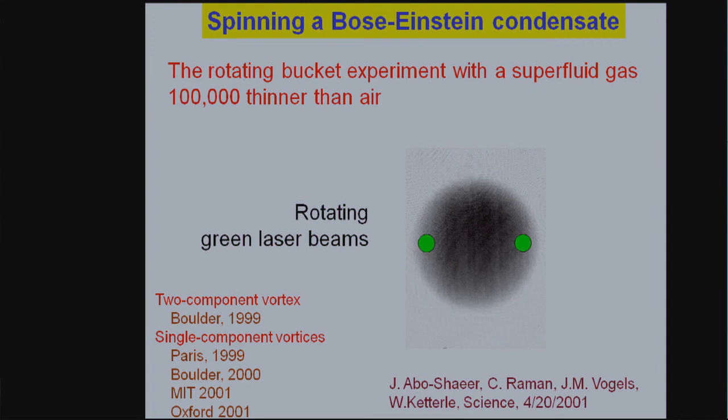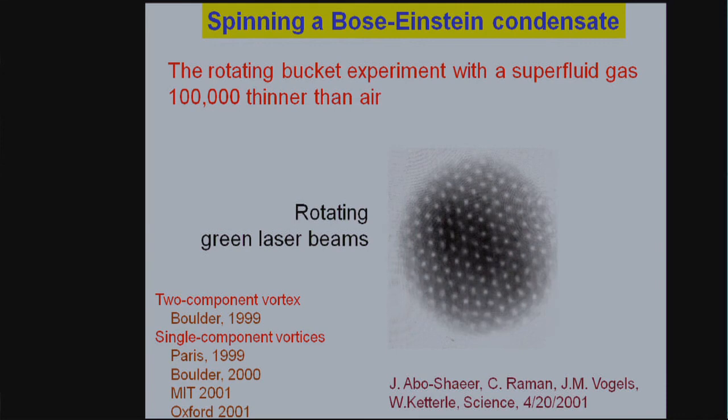This would violate the fact that the velocity field has to be irrotational to make sure that the phase of the wave function is well defined. So if you rotate the system, it can absorb angular momentum only by forming vortices. And vortices are singular points of the wave function, singular points where the density is zero.